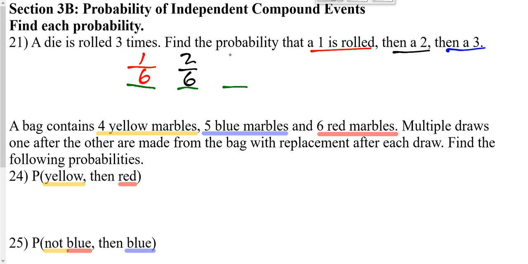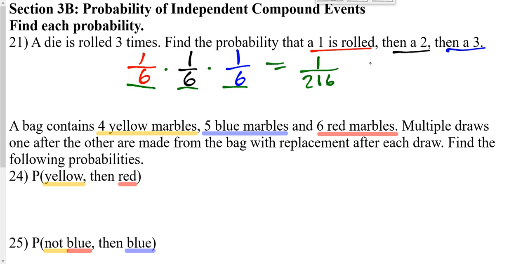Well, there's only one. So then when you're rolling a 3, there's only one 3. And so then all you have to do is just go ahead and multiply these together. Basically, it's that fundamental counting principle stuff coming back into play. And we get this.